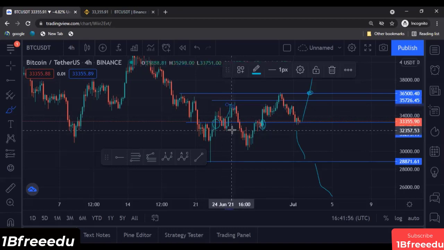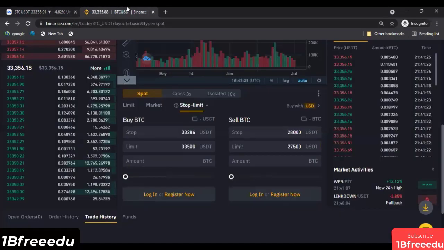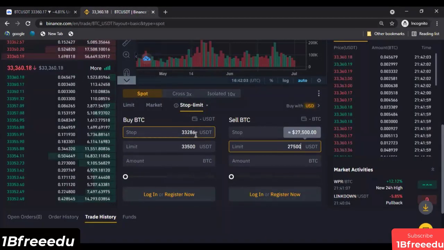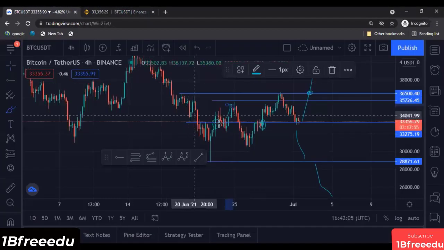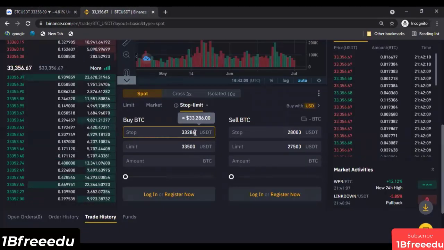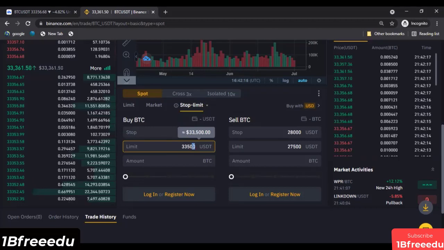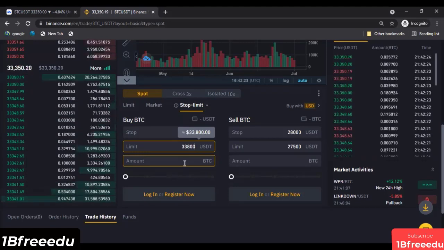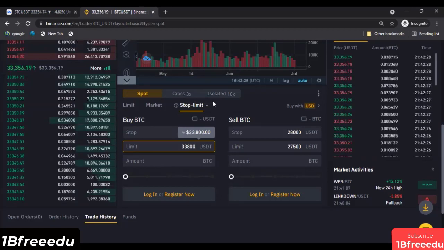So basically you activate your order if this price range is broken. This is how you'll use the stop limit to buy. Let's suppose this is around 33,358. We will place it so that if 33,358 is touched, this order will be activated, and if it goes beyond, let's say, 33,800, then the BTC will be bought. So this is how stop limit can be used to buy and sell BTC.